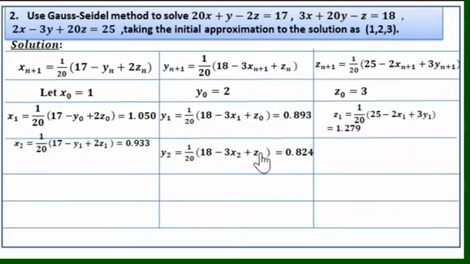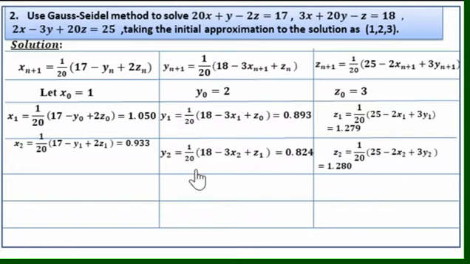Then y2, 1 by 20, 18 minus 3x2 plus z1. Put these two values, x2 and z1, we will get 0.824. Then we have z2, write the formula 1 by 20, 25 minus 2x2 plus 3y2. Put these values, x2 and y2, in the right hand side, we get 1.280.